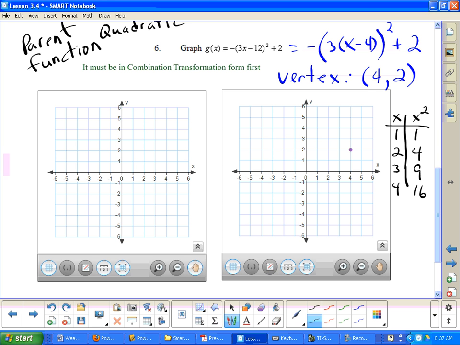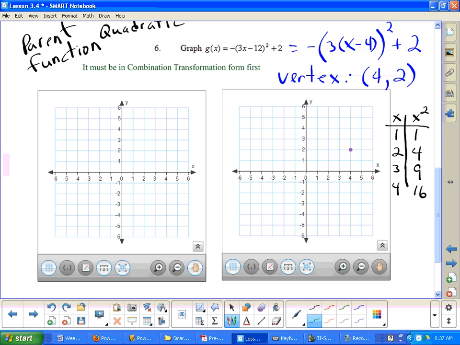The difference now is that instead of going over 1, it's going to go over 1/3 because I'm compressing it by 1/3. So this would be a movement of 1/3, this is a movement of 2/3, this is a movement of 1. That means where normally it would go over 3 and down 9, now it's going to go over 1 and go down 9.